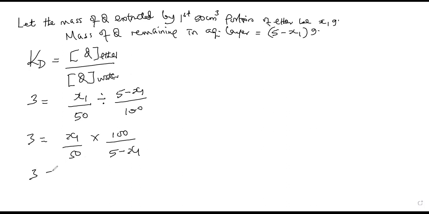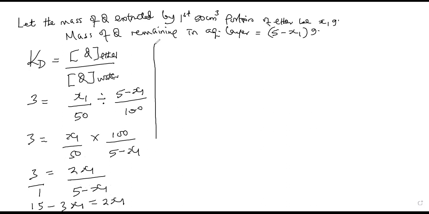So we shall have 3 is equal to 2X1 out of 5 minus X1. When you cross multiply, you get 15 minus 3X1 is equal to 2X1.